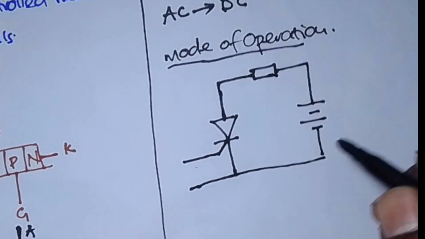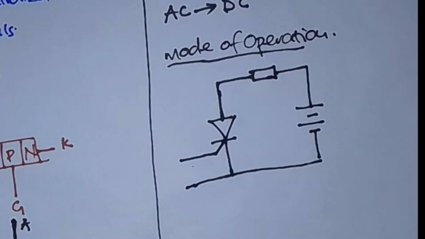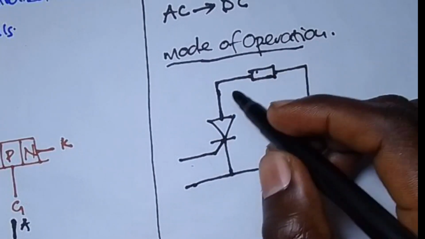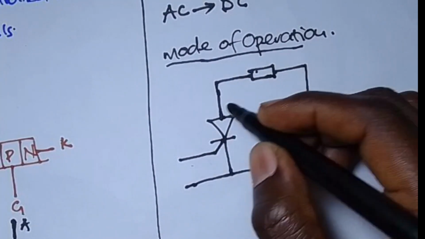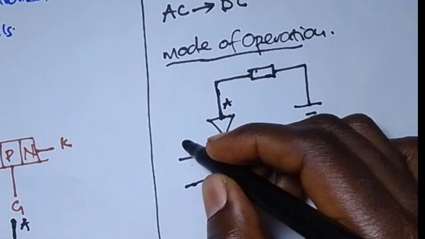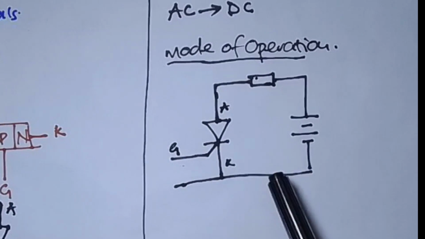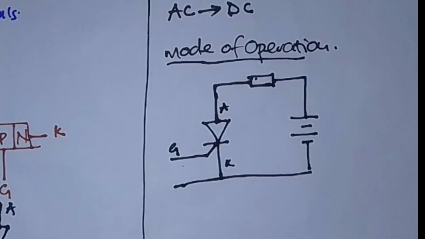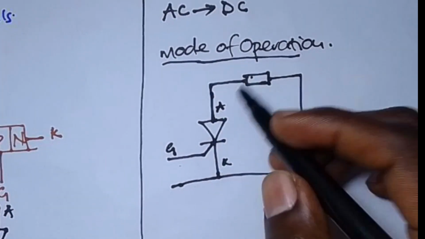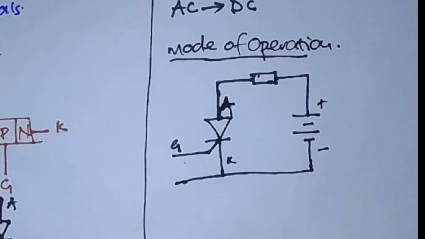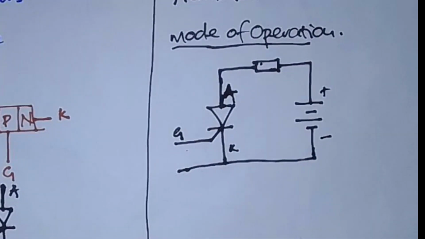You always need to know that for an SCR to be connected in a circuit, the load has to be connected in series with the anode. This is the anode, this is the cathode, and this is the gate. Every time they are connecting such a device in a circuit, they connect the load in series with the anode, positive, negative, and they always make sure that the anode is positive with respect to the cathode. So this device can be operated in two ways.